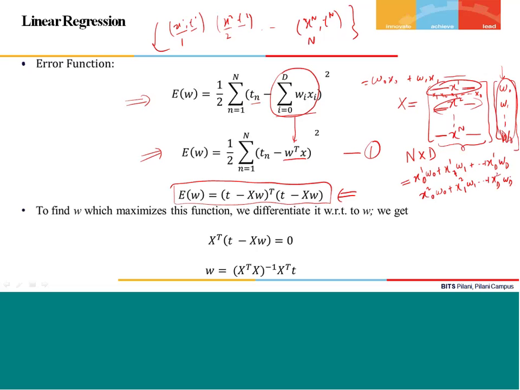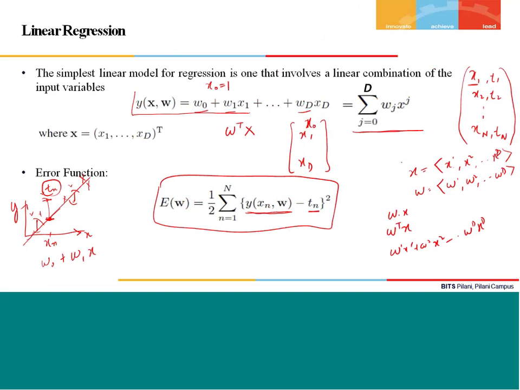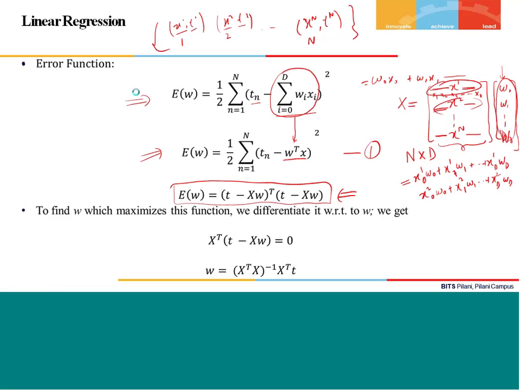If you see this carefully, this is the value of y of x1, w. This is nothing but a hypothesis. What will the second row give? The second will give y of x2, w.